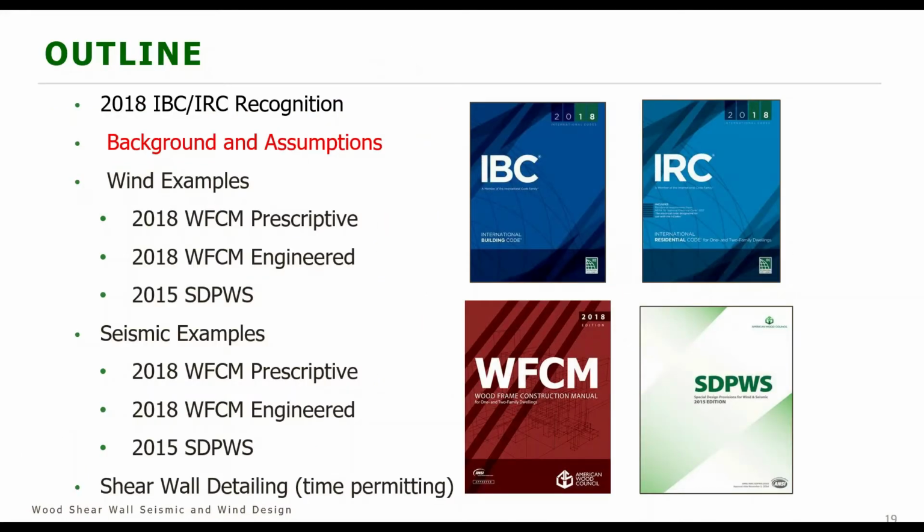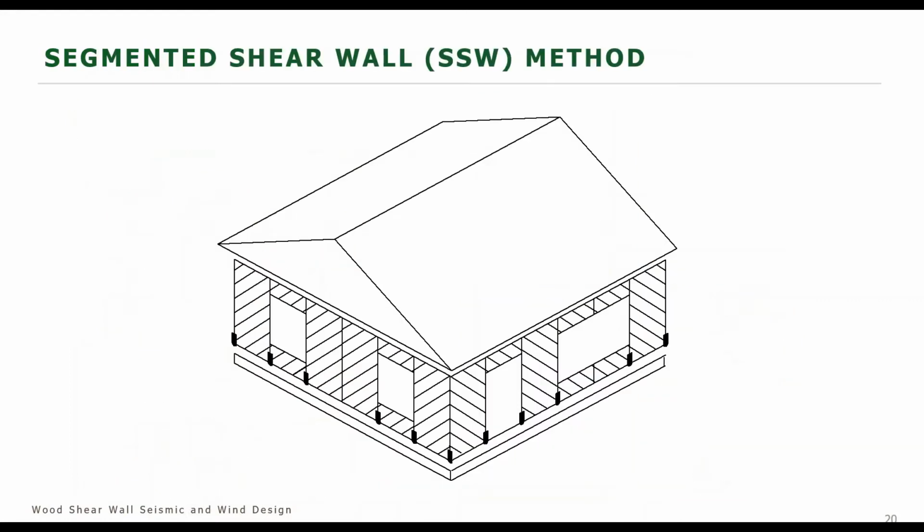In terms of the background and assumptions, we're going to talk about 2 different types of shear wall design today. We're going to talk about a segmented method, which relies on individual full height segments. You can see for this wall that's been highlighted, we have 3 full height segments. They're varying widths, but they all have in common that they run the full height of that wall uninterrupted by an opening.